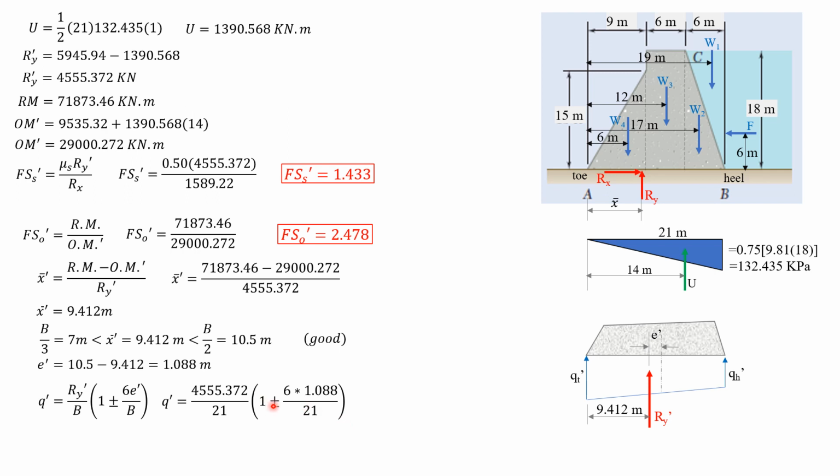Plus for Q sub toe prime, and it is equal to 284.4 kilopascals, then minus for Q sub heel prime, and it is equal to 149.5 kilopascals. So that's it for this problem.